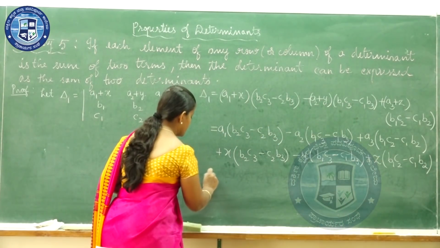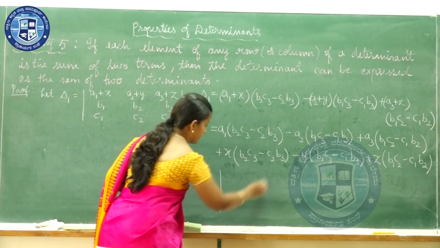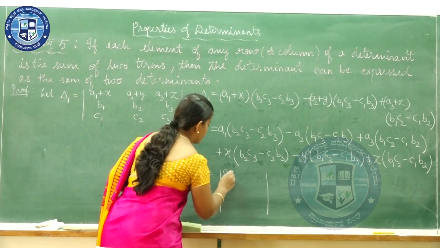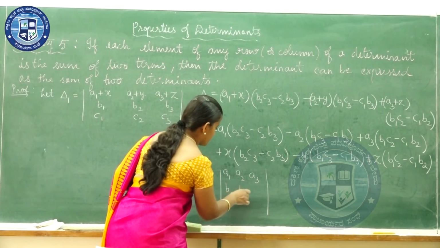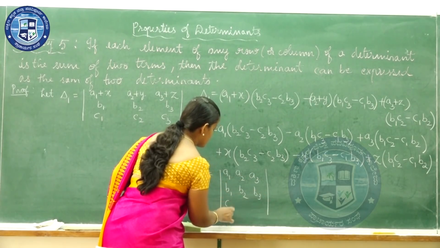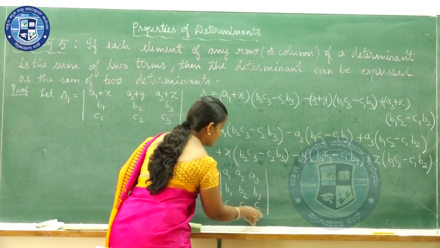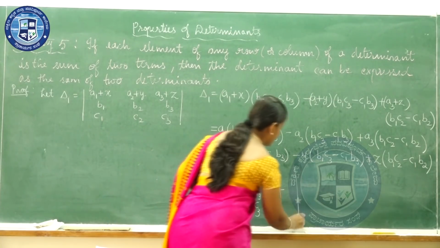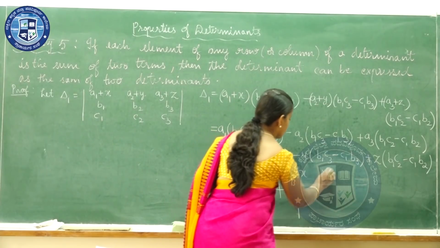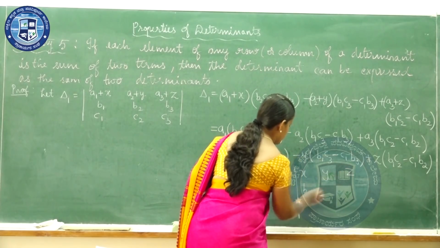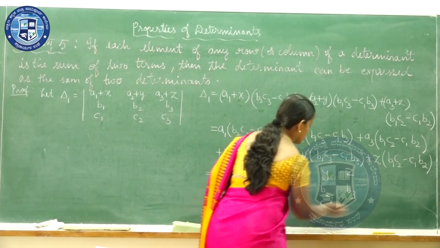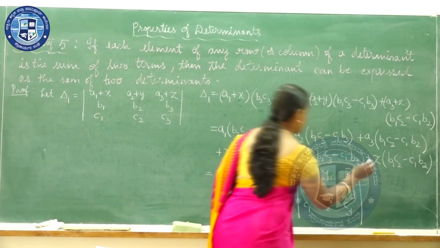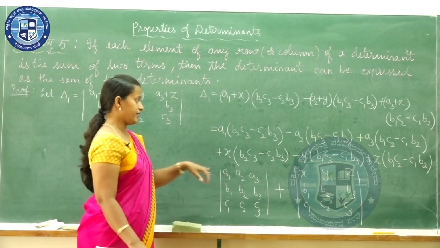Observe this. I will write this as determinant a1, a2, a3, b1, b2, b3, c1, c2, c3 plus determinant x, y, z, b1, b2, b3, c1, c2, c3. Check whether I can write like this.